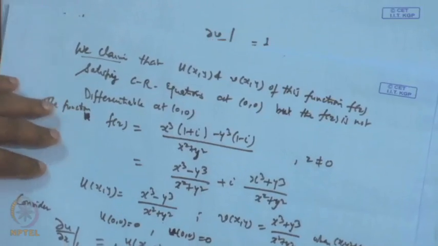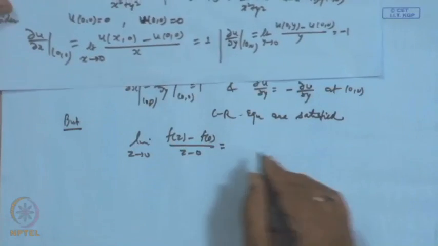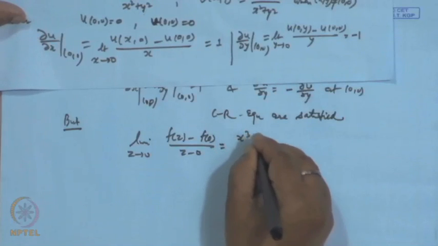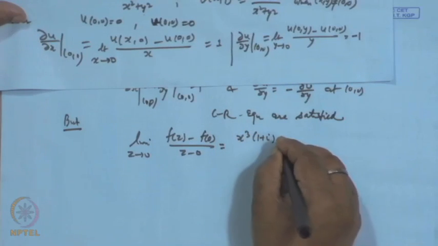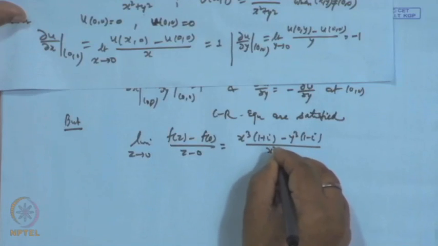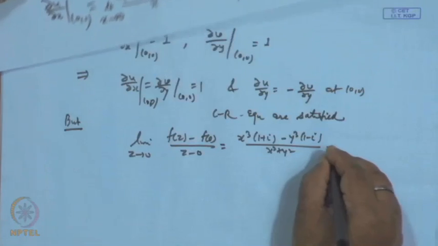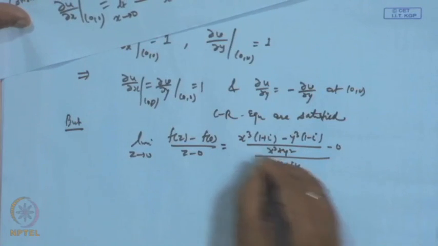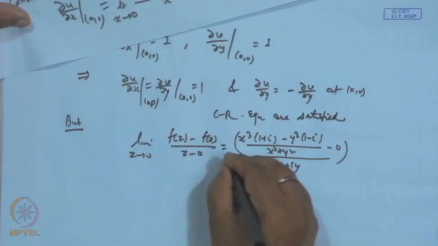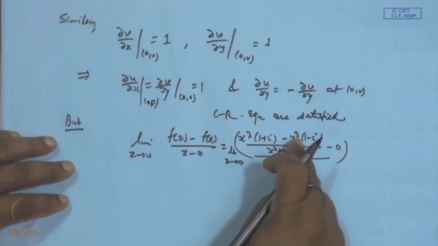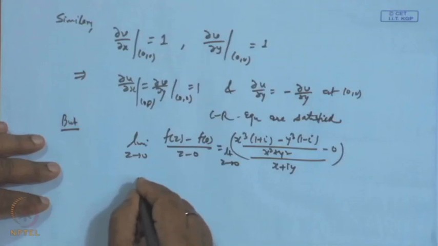Now, this function f(z) can be written as (x cube (1 plus i) minus y cube (1 minus i)) divided by (x square plus y square), and f(0) is 0, over x plus iy, and the limit of this as z tends to 0. Okay. Now, this expression we can write like this.